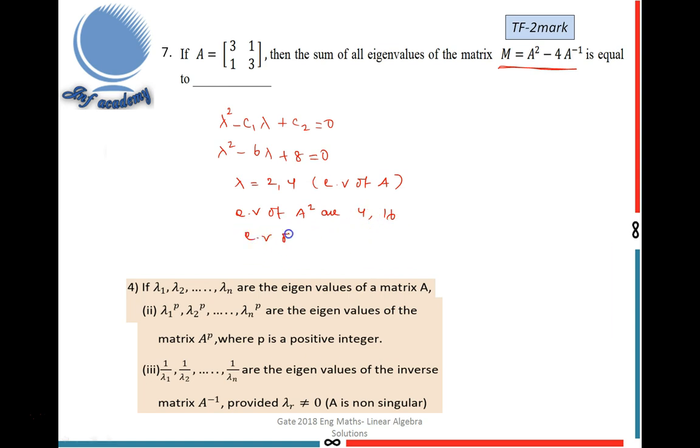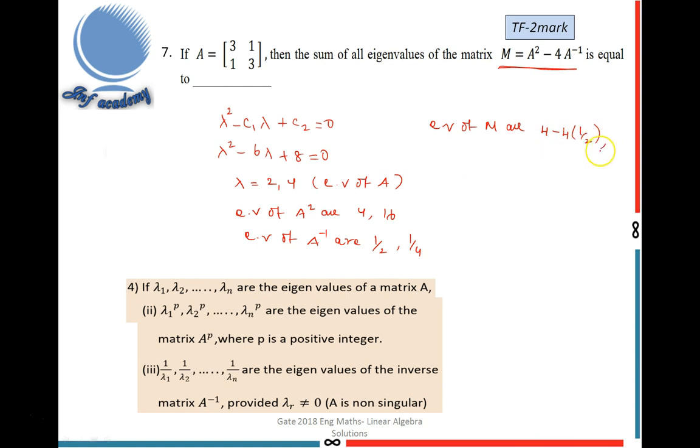And the eigenvalues of A inverse are 1 by 2, 1 by 4. These are the eigenvalues of A squared and A inverse. Given M equals A squared minus 4A inverse, the eigenvalues of M are as follows. The first eigenvalue of A squared is 4, minus 4 times the first eigenvalue of A inverse, which is 1 by 2.